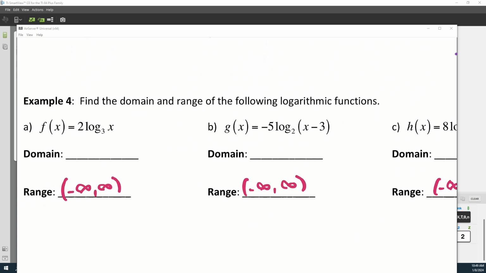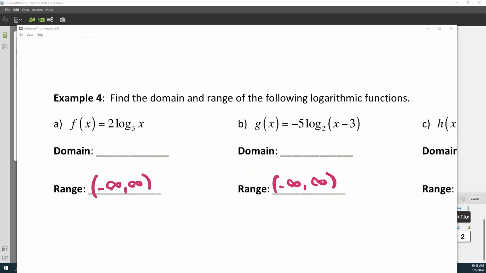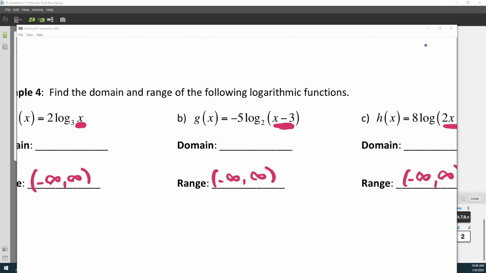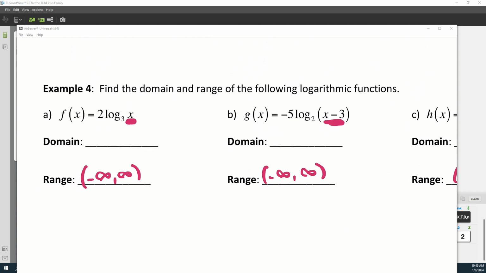Right? And then for the domain, it can change from problem to problem. And so basically what this argument is, it must be greater than 0. So if it's just x, that's just x is greater than 0. Or if you prefer interval notation, it'd be from 0 to infinity.